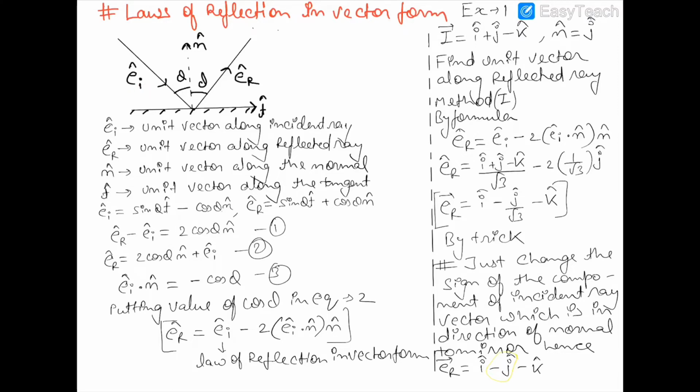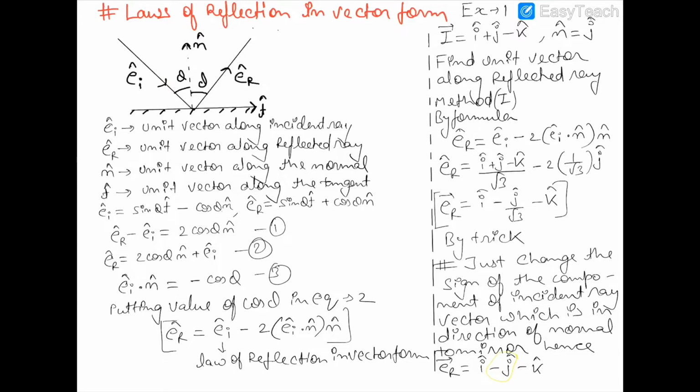Since ei cap is a unit vector, its magnitude is 1. The component along n cap is 1 cos theta, and the component along t cap is 1 sin theta.